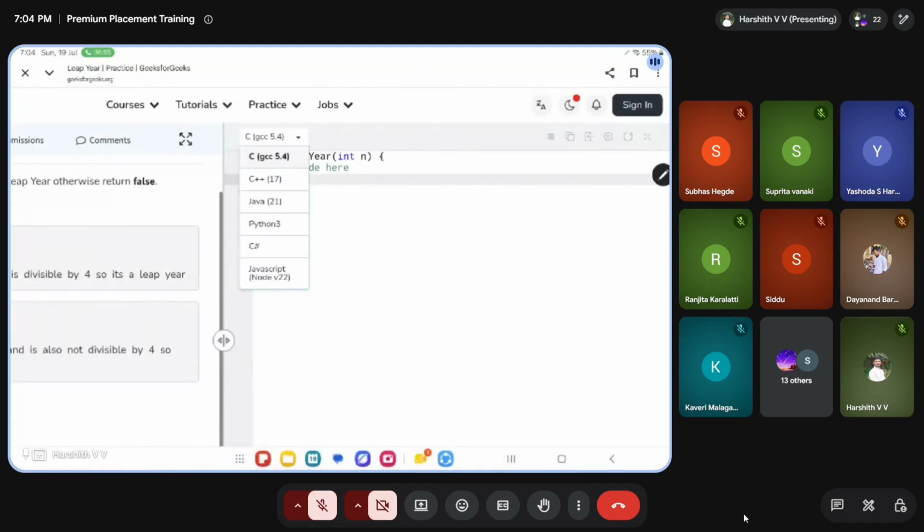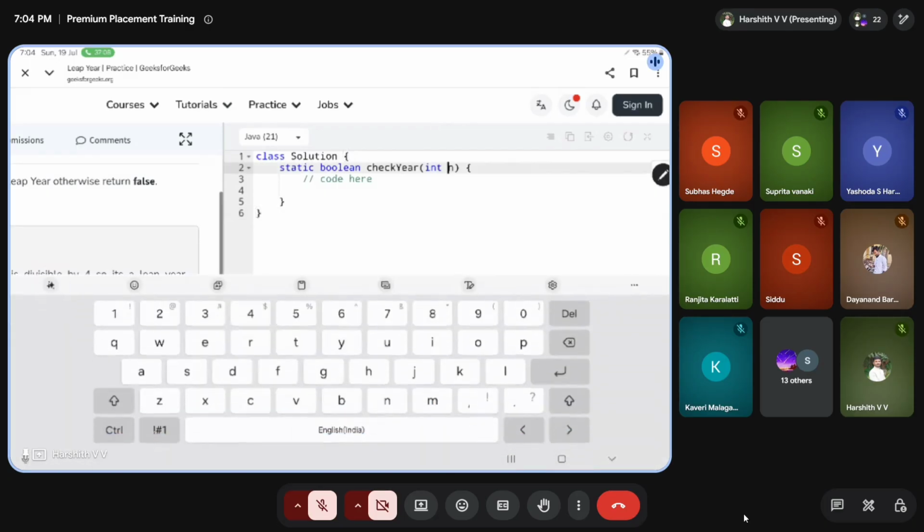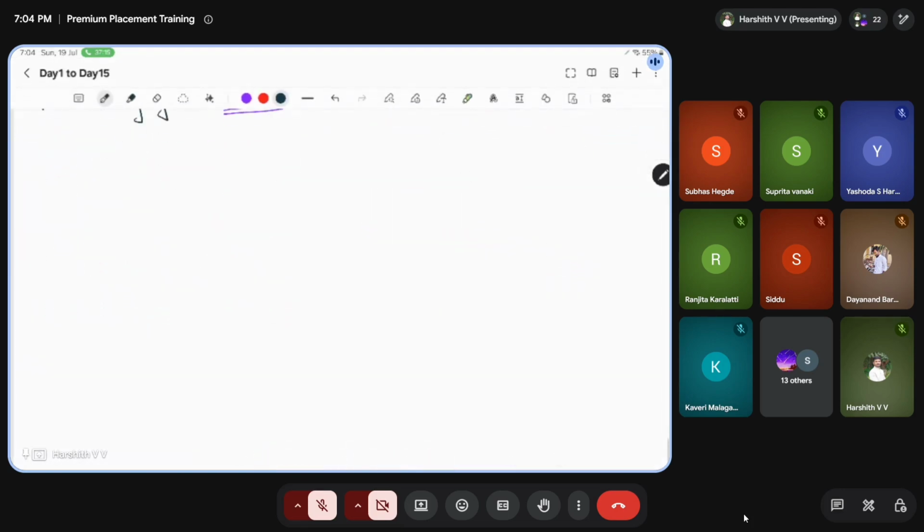Now let us see in Java how they have given the code. They have given the return type as Boolean, which means we need to return true or false. If it is a leap year, we return true, or else we return false. The variable name they have given is n. Now the condition: if it is a century year, it should be divisible by 400, then it is a leap year.